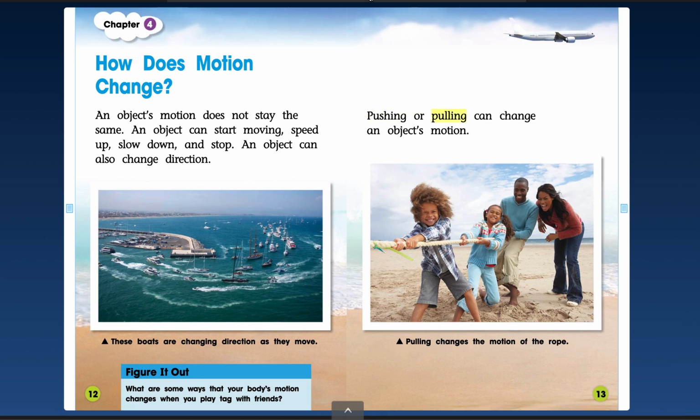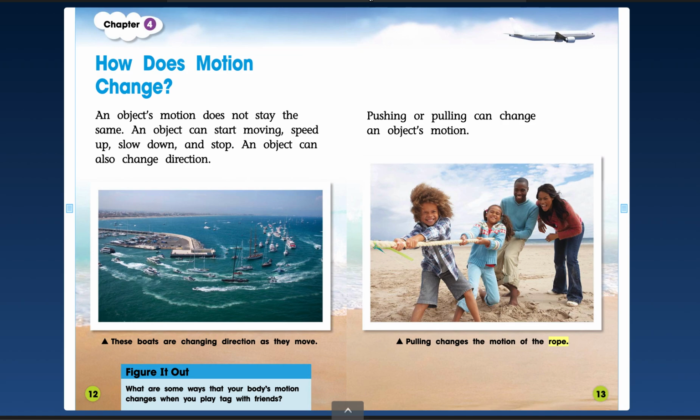Pushing or pulling can change an object's motion. These boats are changing direction as they move. Figure it out. What are some ways that your body's motion changes when you play tag with friends? Pulling changes the motion of the rope.